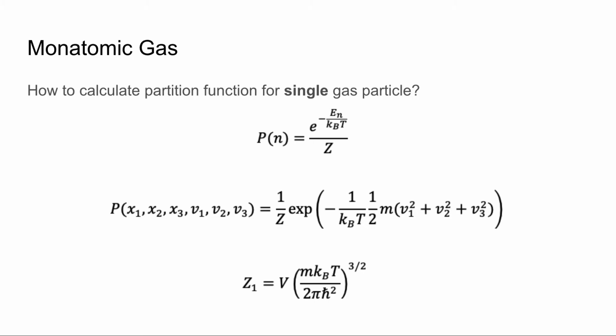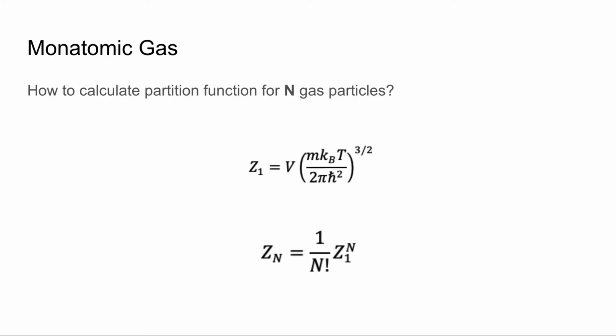And if you sum all the probabilities over all the microstates, which is actually an integral, called a Gaussian integral, then you get this. What do we need to take note of over here? Although it looks like a very scary formula, there are only two things. Number one is the volume, and number two is the temperature. So the partition function only depends on the volume and the temperature. The rest are just constants.